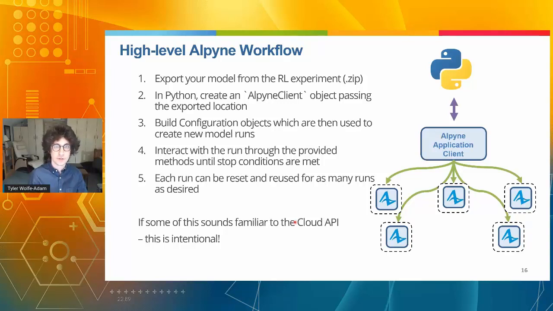This is intentional, just to ease the transition in case you're ever wanting to scale up your experiments from Alpyne, which is again on just your local environment, to one which can handle more intensive trainings, which will be the Cloud API once that interactive API is ready.